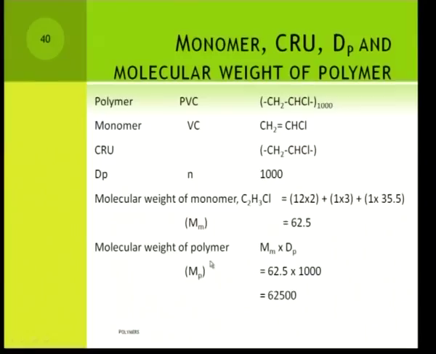When it is multiplied, it gives you the molecular weight of the whole polymer. Hence, the molecular weight of the polymer can be calculated by multiplying the DP value with the monomeric unit's molecular weight. Here in this case, it is 62.5 multiplied by 1000 to give you 62,500. That becomes the molecular weight of the polymer molecule.